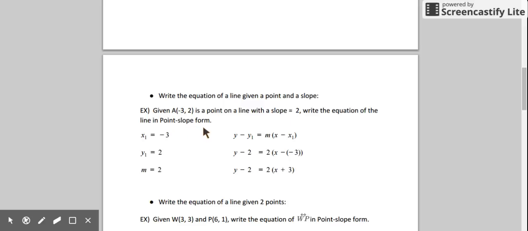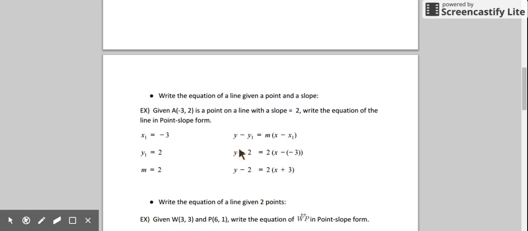Point-slope form gets its name because you're using a point, a specific point, and a slope to write its equation. So my x1 value is going to be the x coordinate of my specific point. The y1 value is going to be the y coordinate of my specific point, and m is going to be my slope value. So we're just plugging these into the correct spot following the recipe of point-slope form.